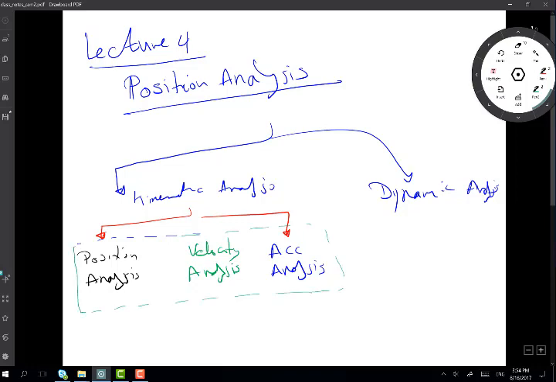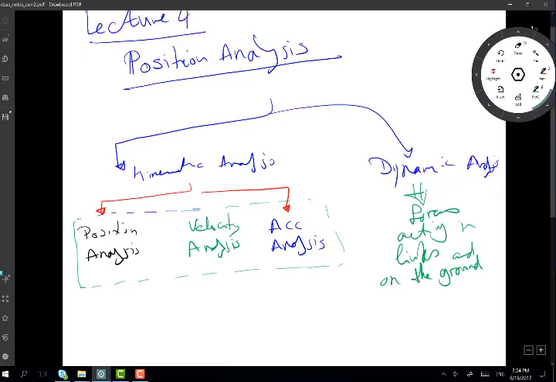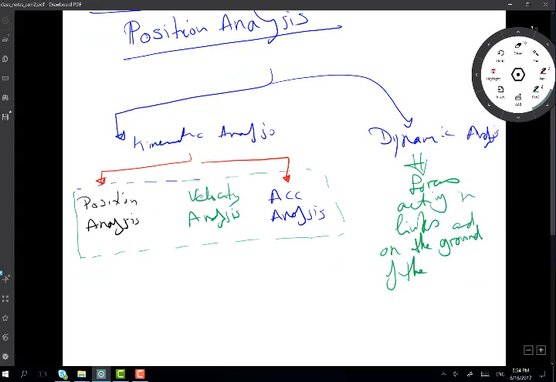The dynamic analysis, when you do that, you'll be calculating the forces acting in links and on the ground of the mechanism, like the bearings, the points of contact between the ground and the linkage.